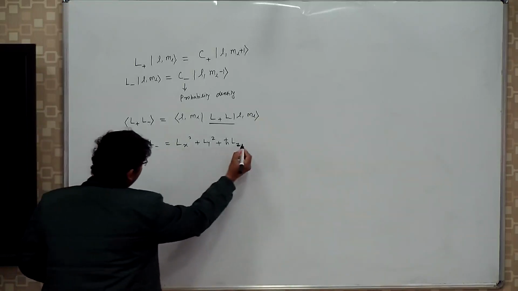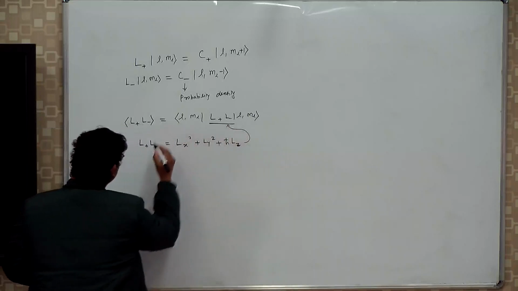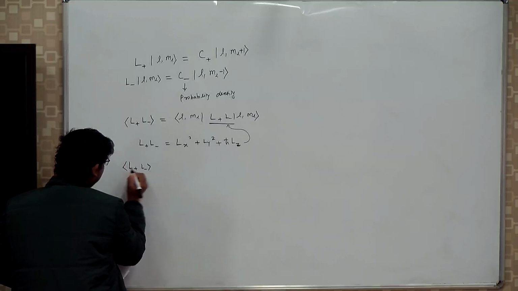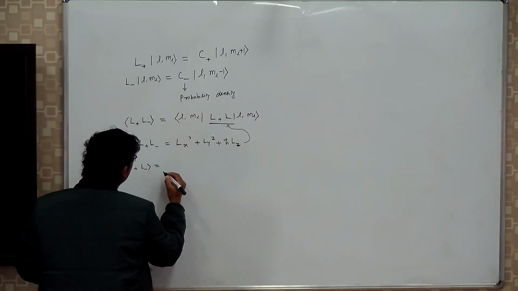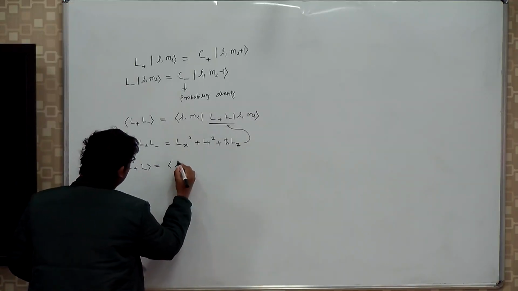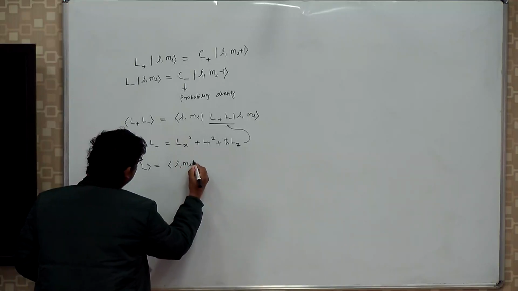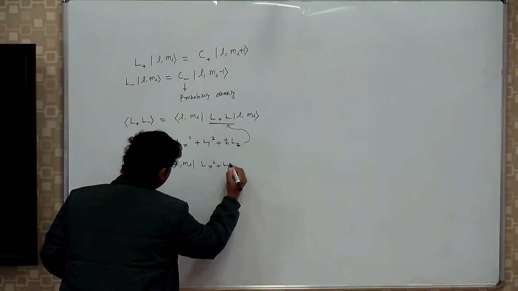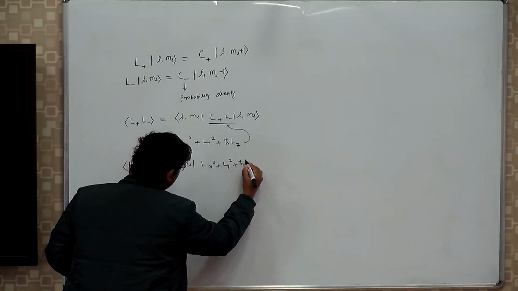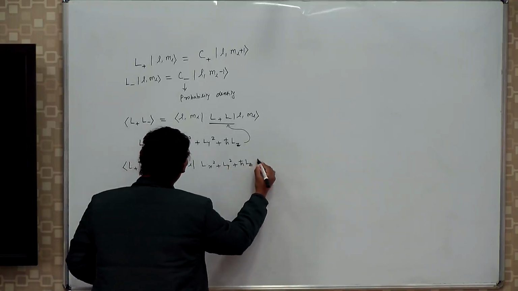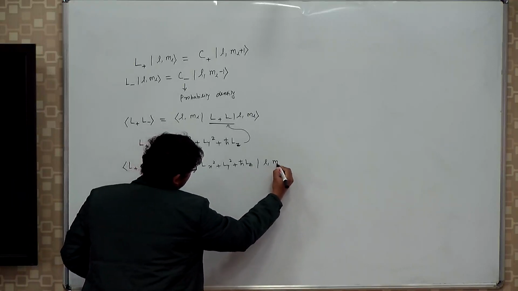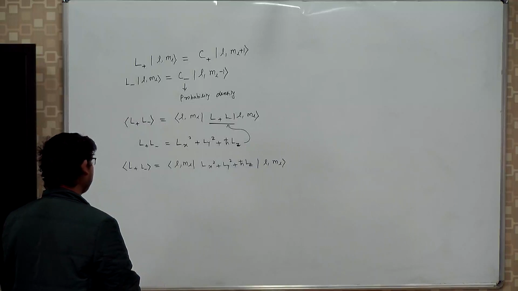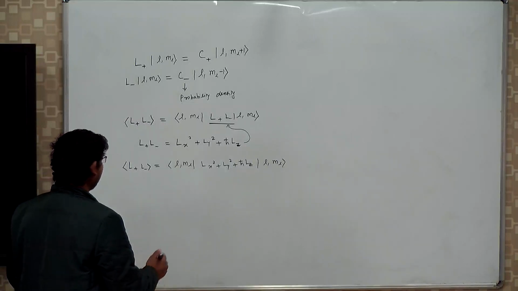If we place this value from here to here, then the expectation value of L plus L minus in the state |L, ML> is the expectation value of Lx square plus Ly square plus H cross Lz. Fine.